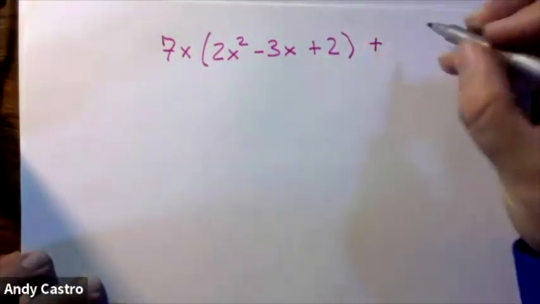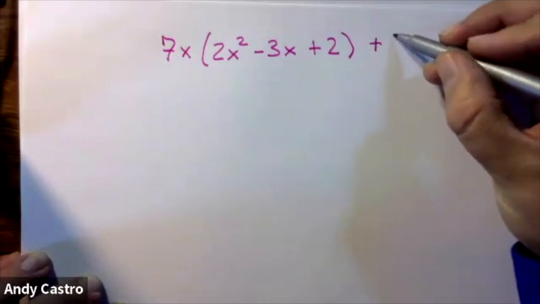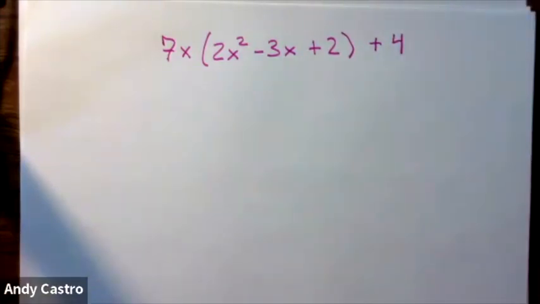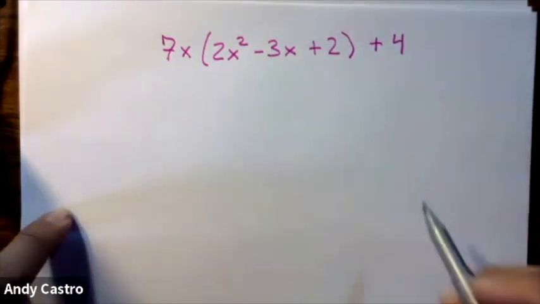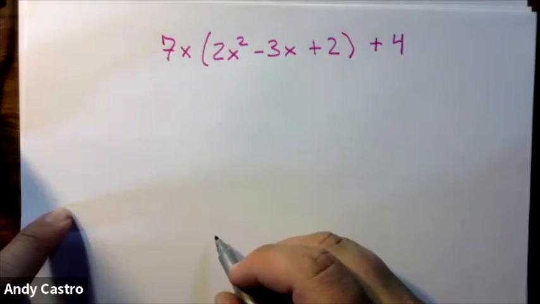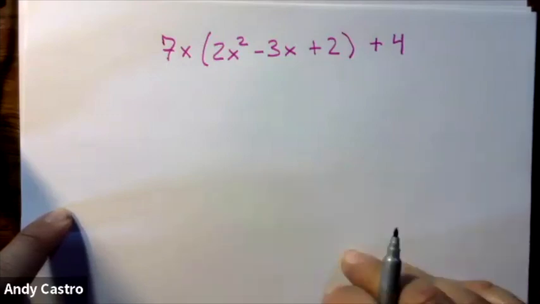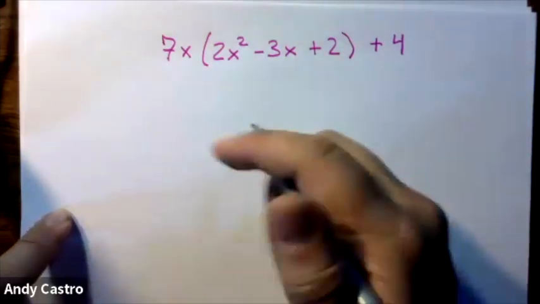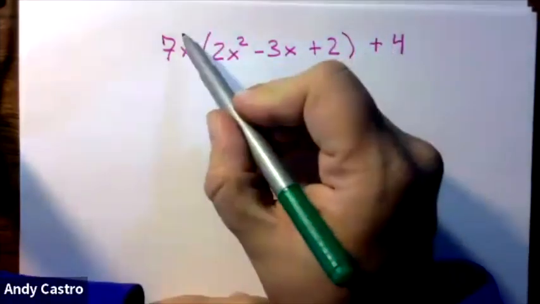Now let me add something else to it for fun. All right. We're going to simplify that and then determine how many terms and what the highest degree is. Okay. So we'll simplify it and then we will look at degree. Well, I don't know where we'll end up on our paper. So let's just start simplifying.